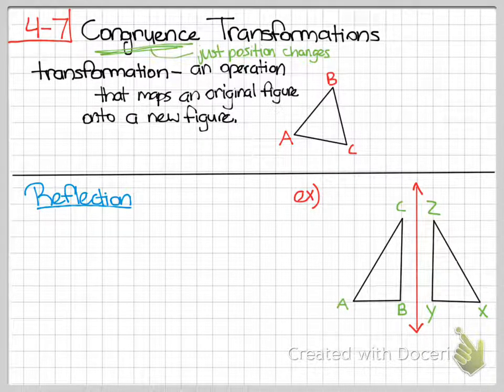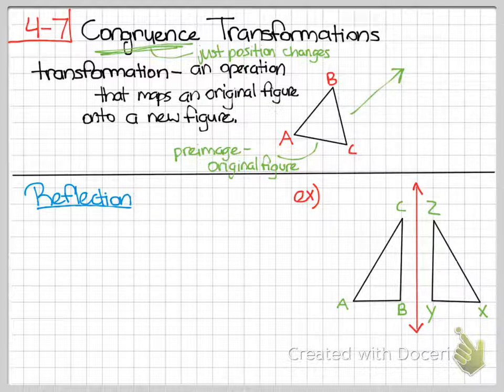So for instance, I could take ABC, that would be my original figure. We also call that the pre-image. The pre-image, that is the original figure. And if I want to perform a transformation, I can do that transformation right there.